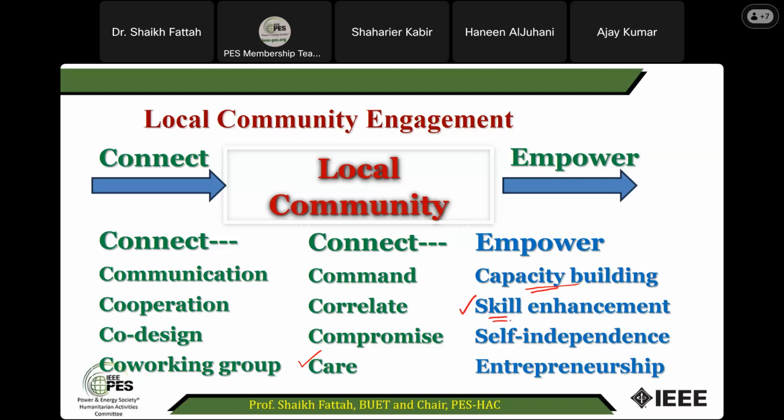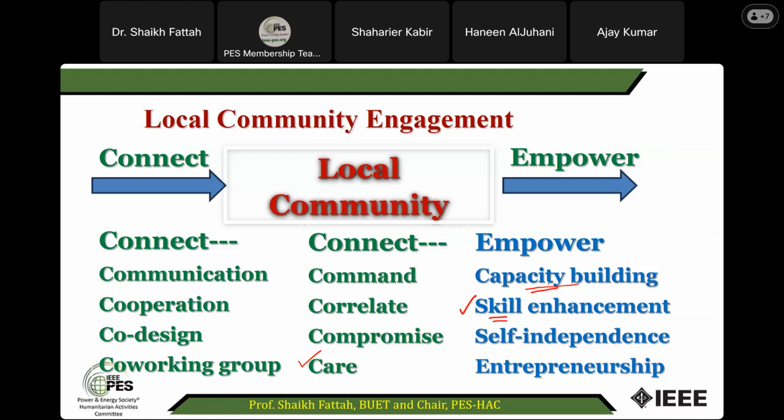You can have training, retraining, consistently, so that their skills can be developed to handle maintenance tasks as well as establishment tasks.